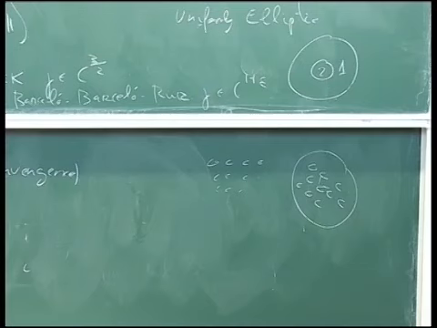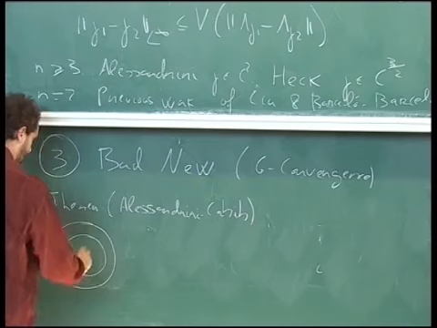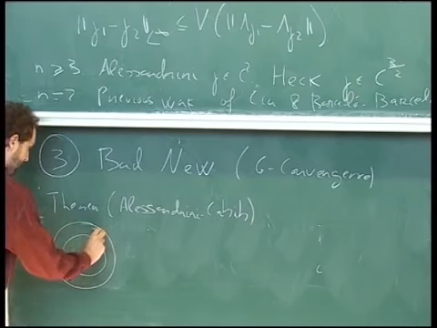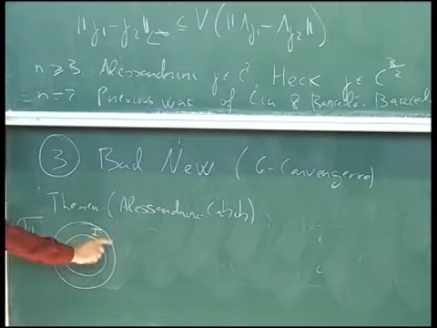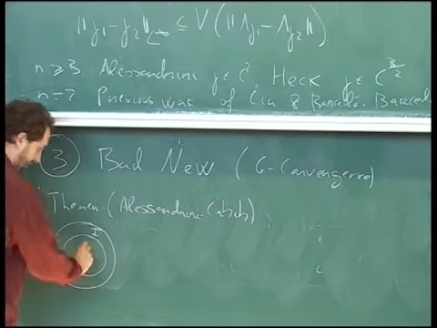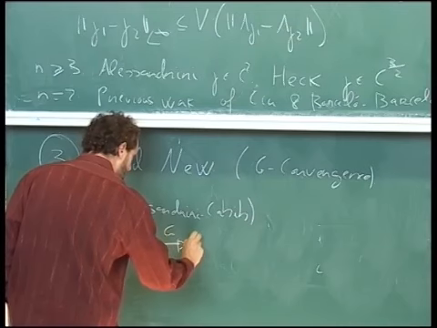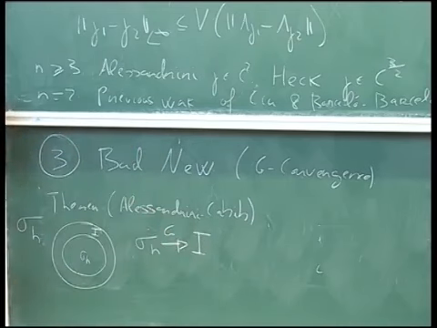Suppose I have a sequence of conductivities, say in the unit disk, and I have here a sigma h, and sigma h is equal to the identity in an annular region near the boundary, and it's something else here. And sigma h happens to G-converge to the identity, in the sense of Spagnolo.